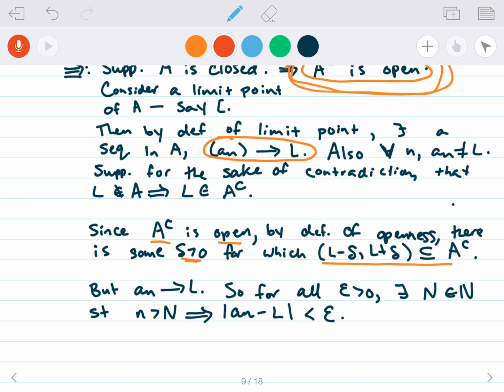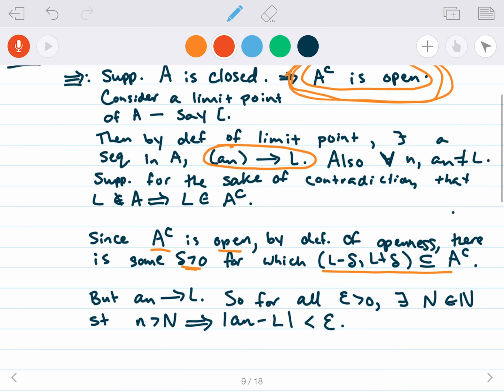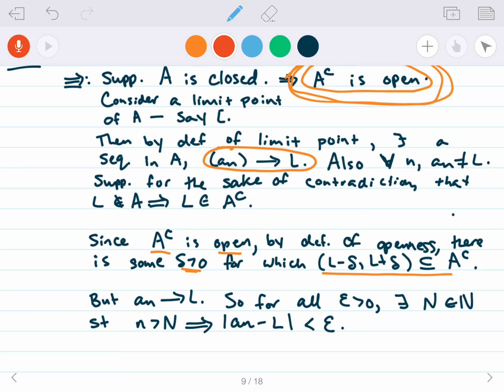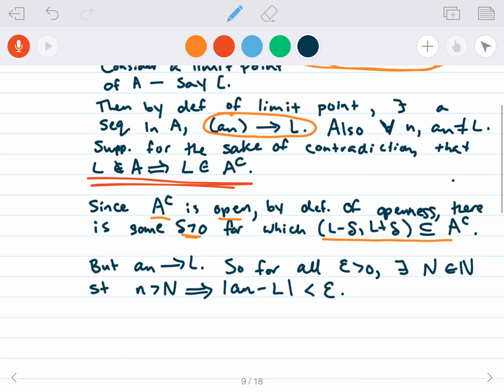I see. So we're trying to show that there's a contradiction with our assumption, right? So we want to show that there's a problem here. And so to see the contradiction, we can bring our delta into this definition.